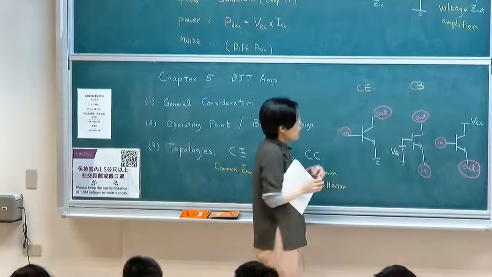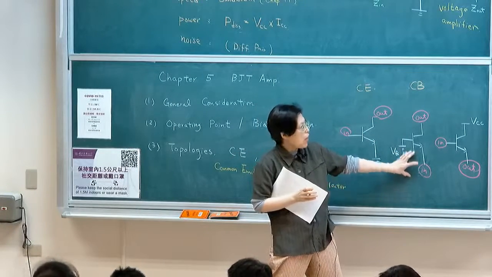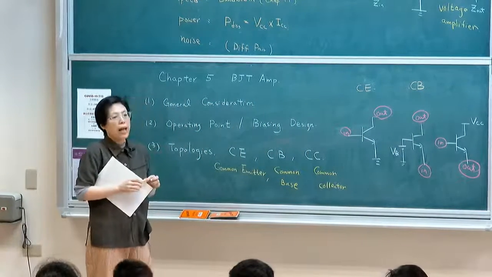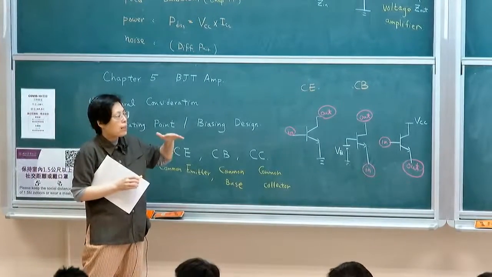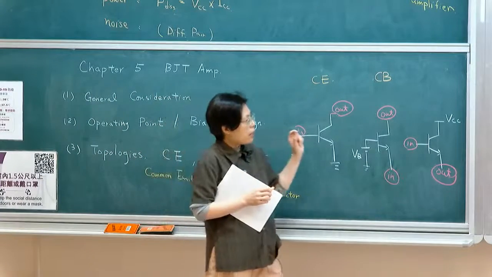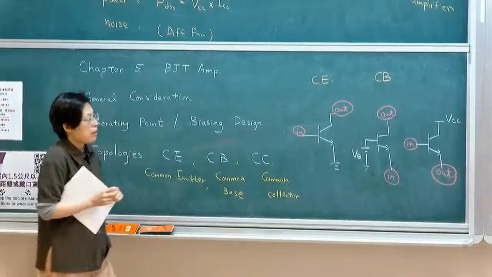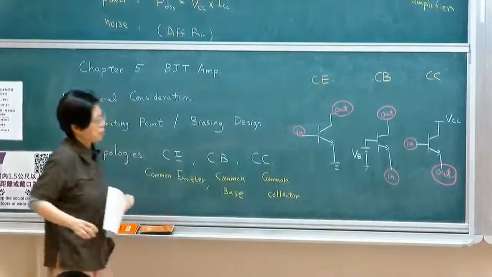You can have the base as the reference node, with input coming in from the emitter and output at the collector. And of course, the last one is that we could have our collector biased at a DC level, and then your input is coming in from the base and going out at the emitter. That's called the common collector. Okay?